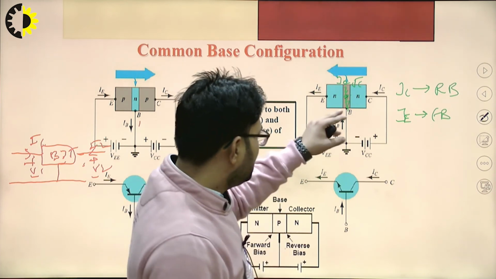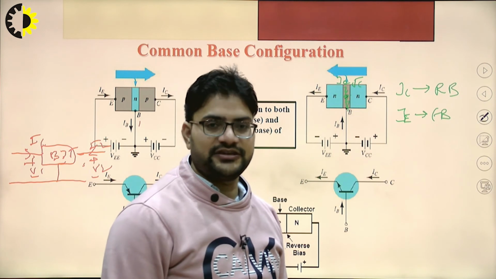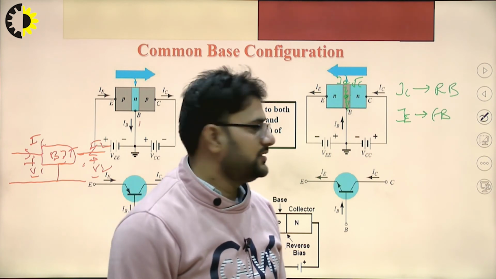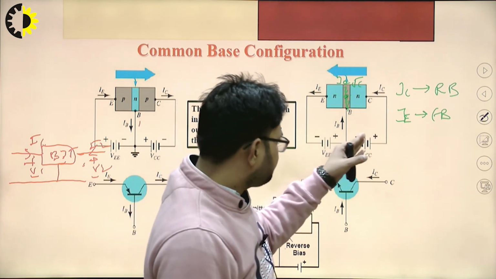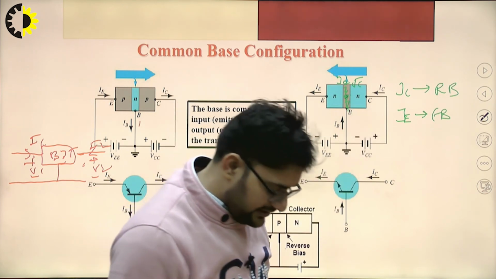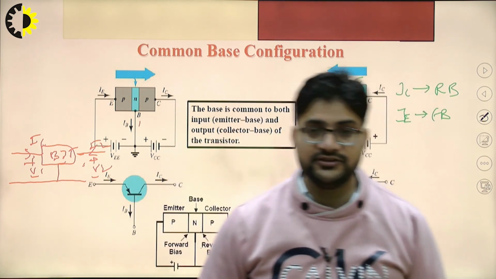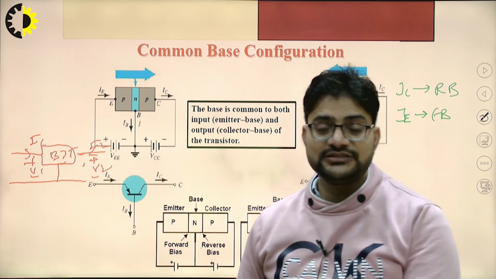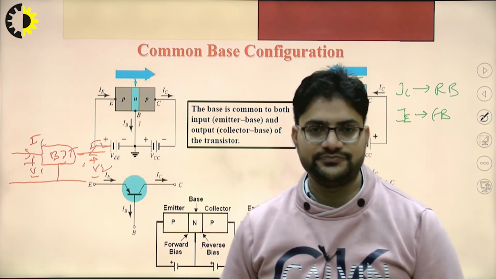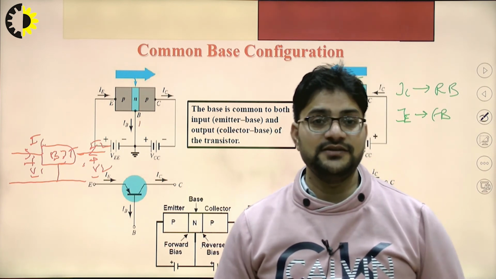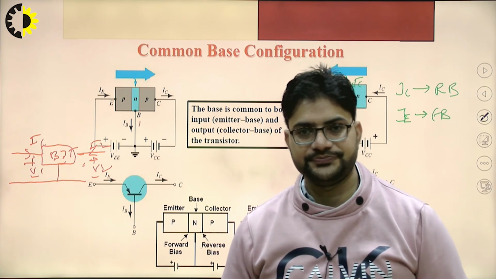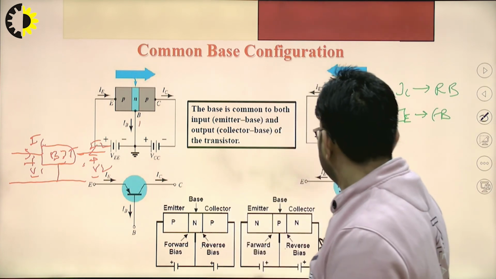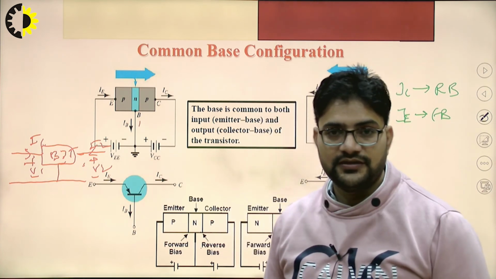So this effect is called the early effect. Due to the change in the reverse bias voltage, base width has been modulated. That's why it is called the base width modulation, right?